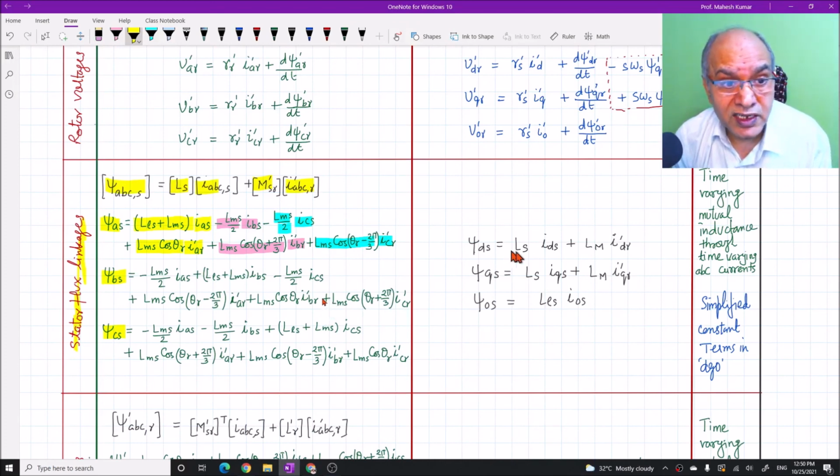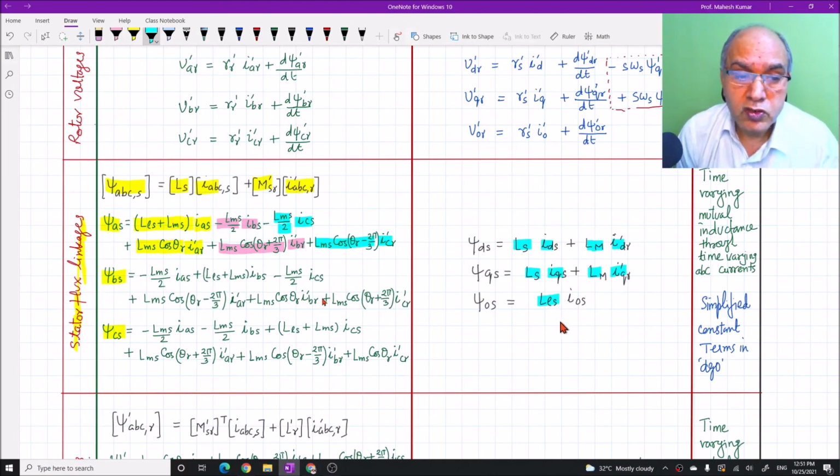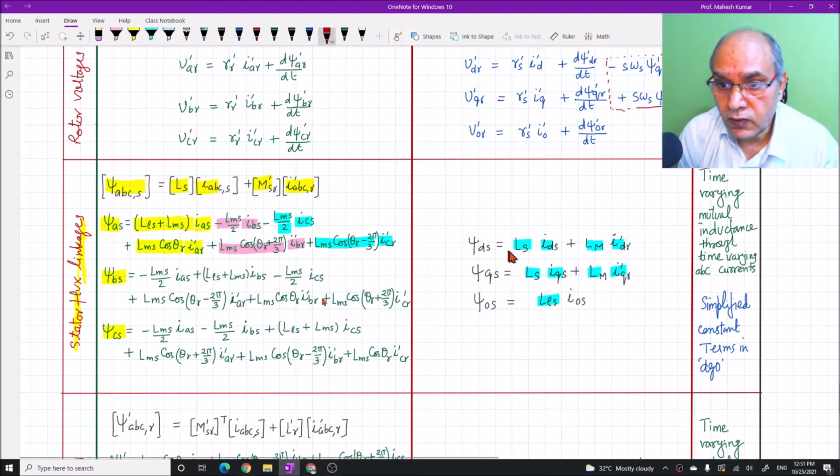And if you see in DQ0, they are very much simplified, just a constant. If you see, the psi DS is nothing but constant into IDS and constant into IDR dash. Similarly for QS, constant into IQS and constant into IQR dash, and this is constant into I0S. So you see there is a significant improvement. The first thing, all these parameters are constant.